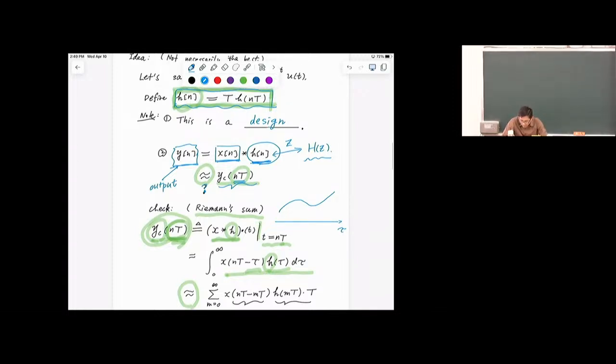We know that the area under the curve can be approximated by a bar chart. Area under the curve can be approximated by the sum of the areas of all the stripes, all these rectangles.